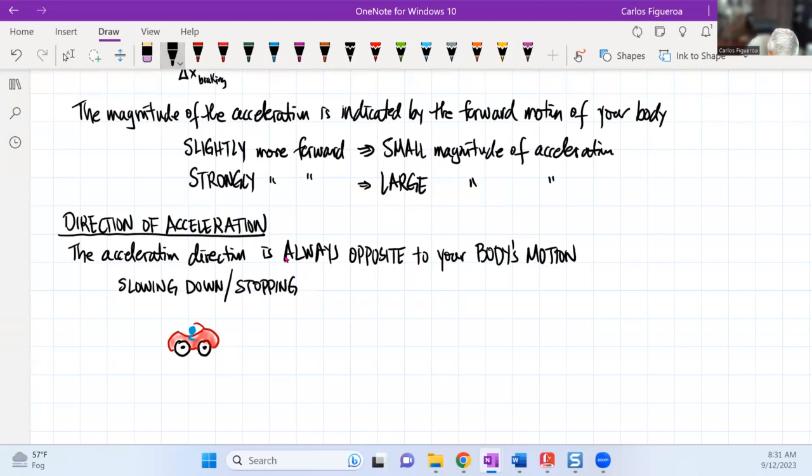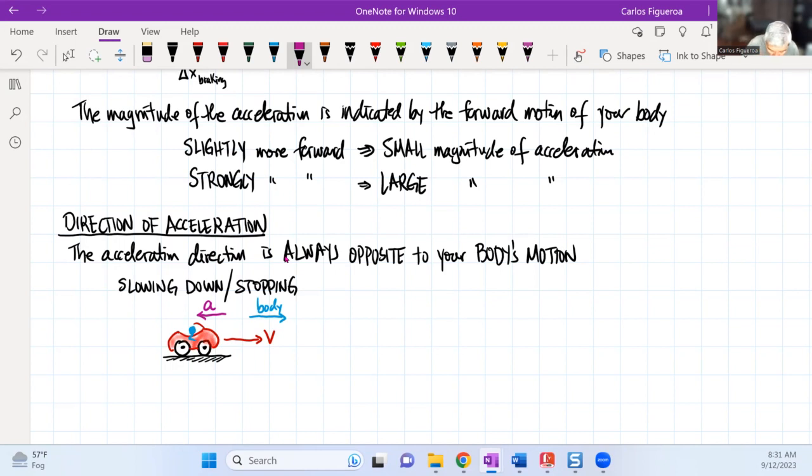So in other words, as my velocity is moving in this direction, as I brake here, my body is doing what? This is the direction of my body. As a consequence, we then say that the acceleration is in the opposite direction of the body's motion.